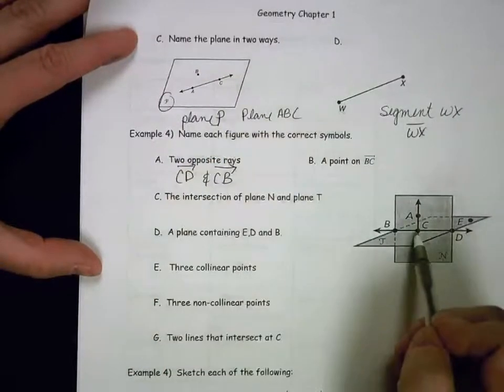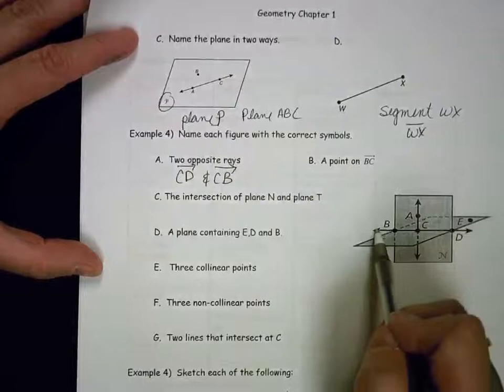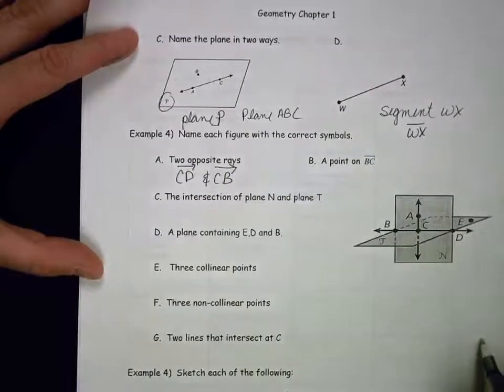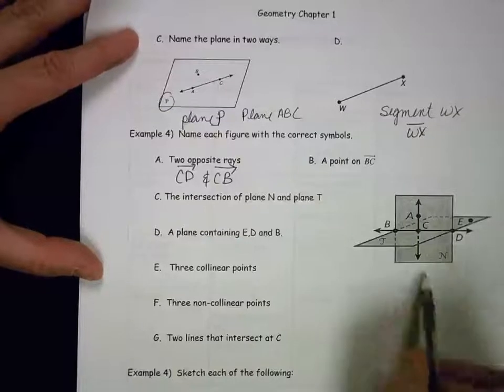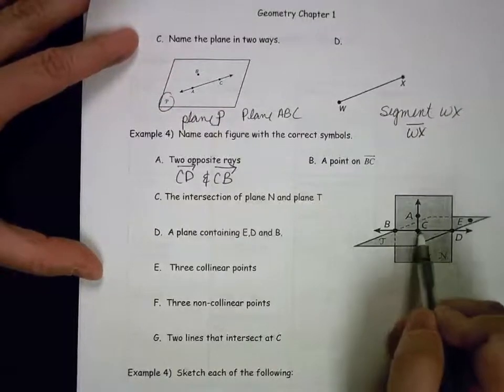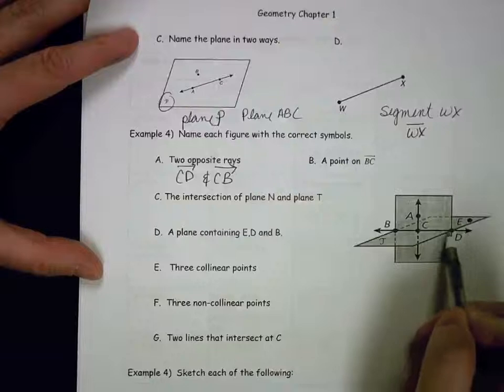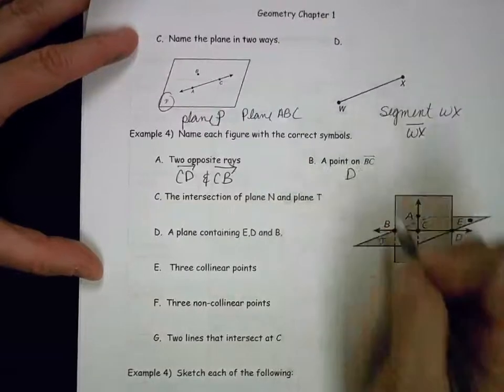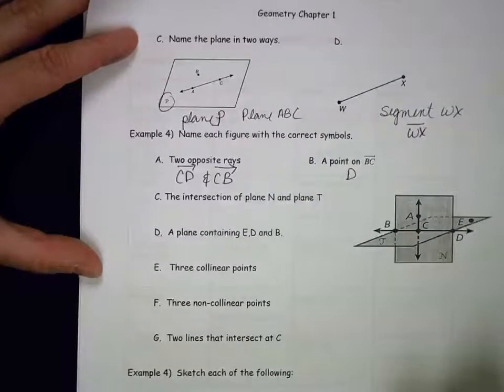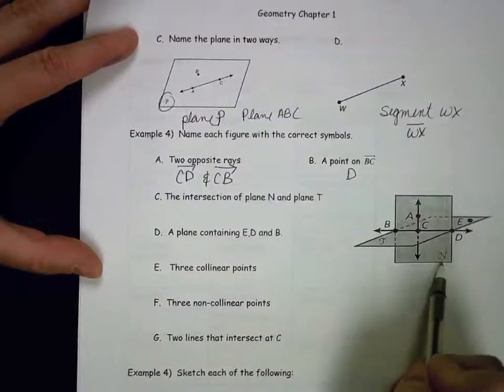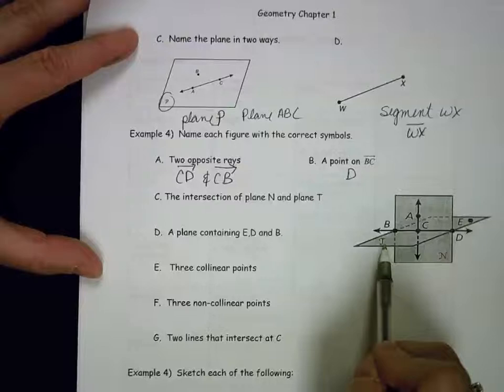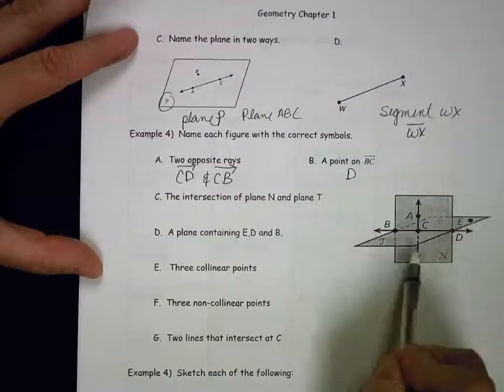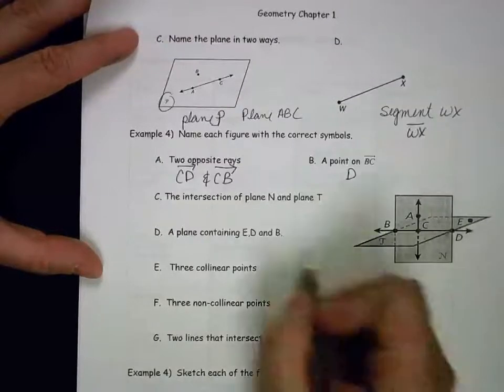So from C to D, from C to B. Letter B, a point that is on BC. So from B to C, I'm going to use point D. Letter C, the intersection of plane N and plane T. When these two planes intersect, they form a line.